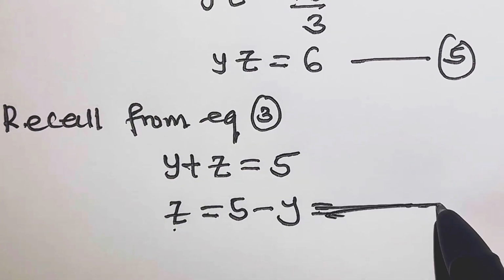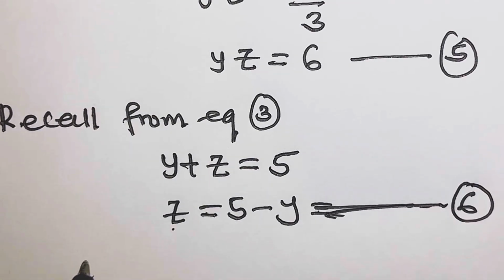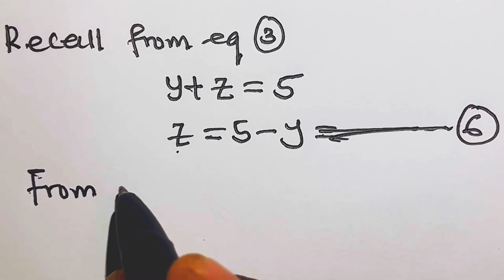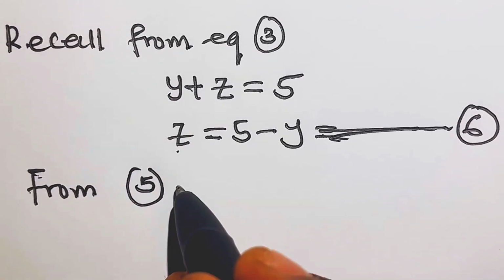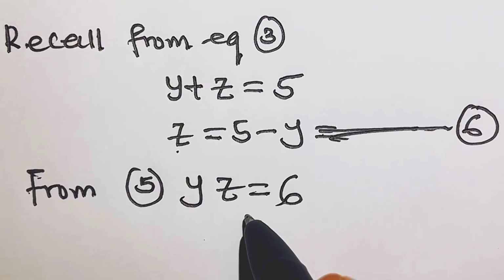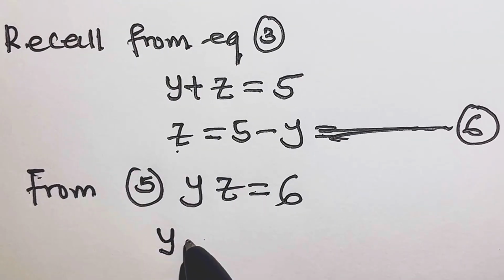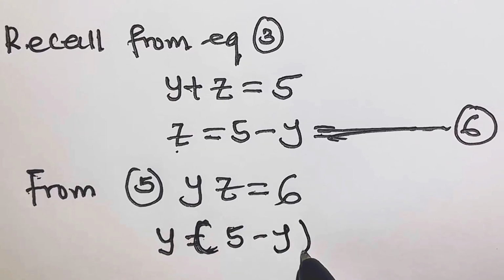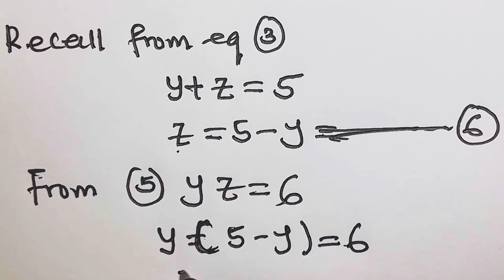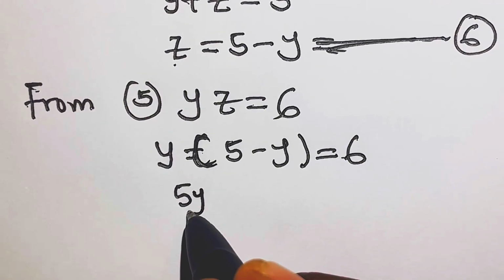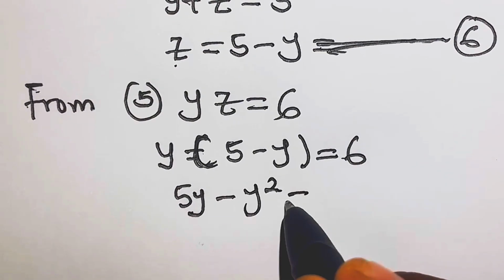So let's take this as our equation 6. And again, from 5, yz equals 6. So let's substitute this into this. So we have y multiplied by 5 minus y equals 6. If you expand this, we have 5y minus y square equals 6.